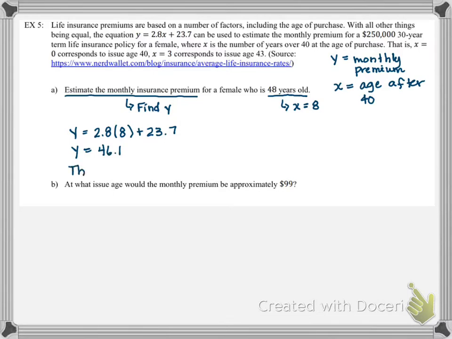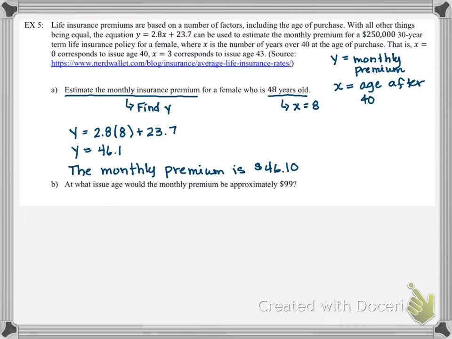So the monthly premium is 46, I might write $46.10 just because that's how we usually talk about money. If you wrote 46.1, that's fine too.